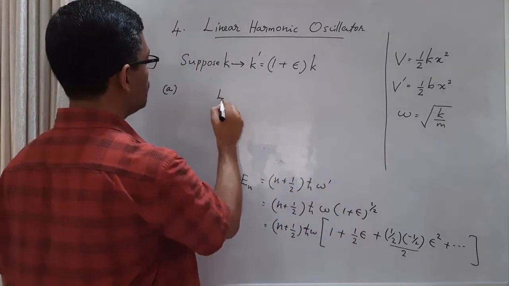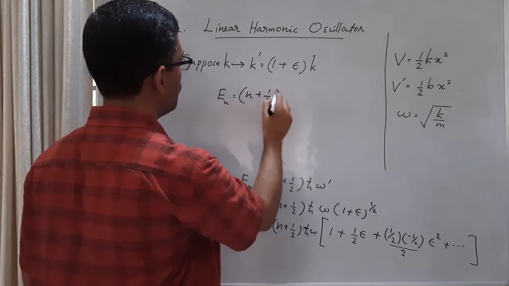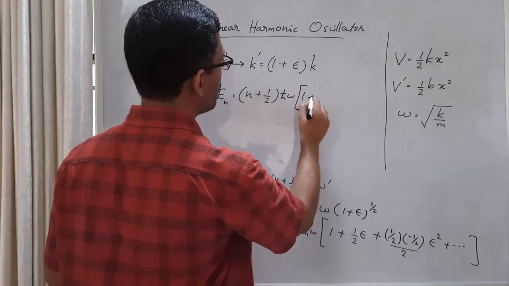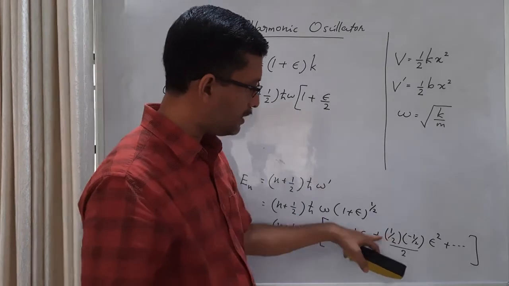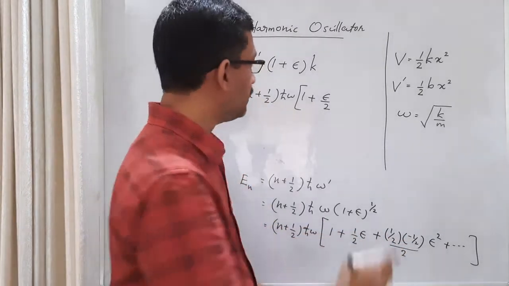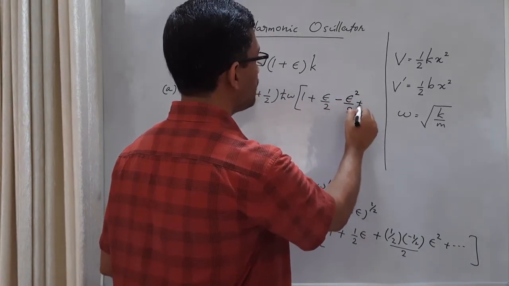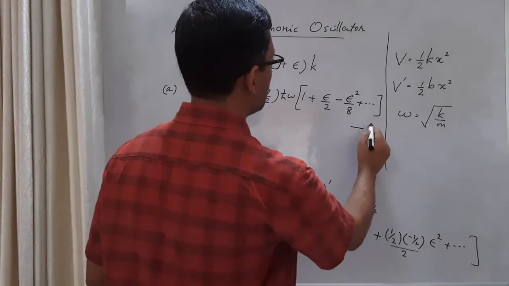So what are the new energy values? E_n equals (n plus half) h cross omega times (1 plus epsilon by 2 minus epsilon squared by 8 plus etc.). Let us call it equation 1.